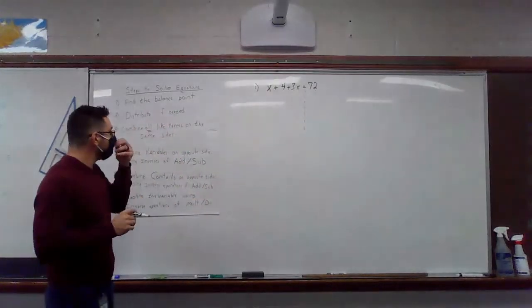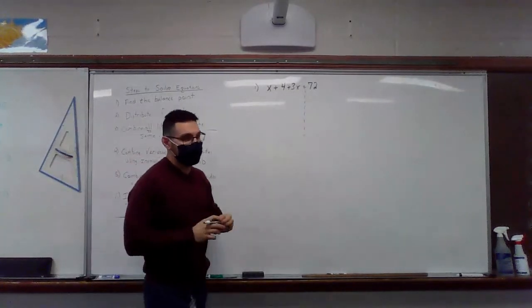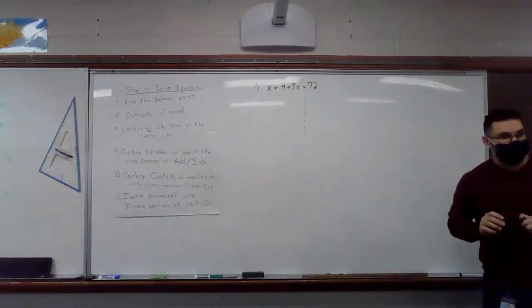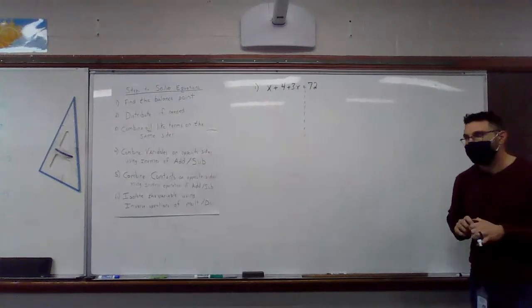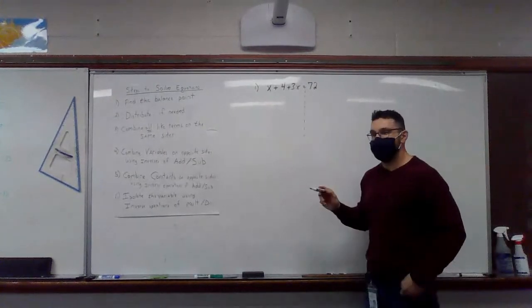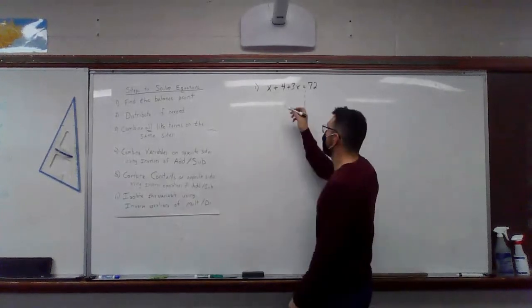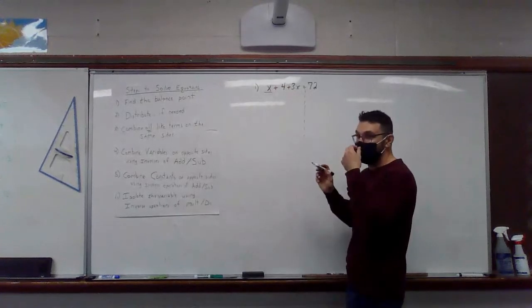Step 3, combine all like terms on the same side. Which side has like terms? The left or the right side? Come on, raise hands. Zach. The left side. What are my like terms on this side? x, and? So this x and positive x, positive x and what else?